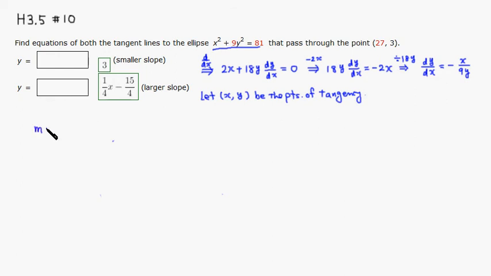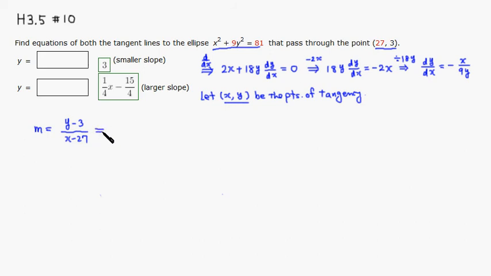You have (x, y) as one point, then (27, 3) is another point. So y minus 3 over x minus 27 must be the slope of the tangent line. Another way to look at the slope of the tangent line is the derivative, which also gives you the slope of the tangent line. So these two quantities must be the same.